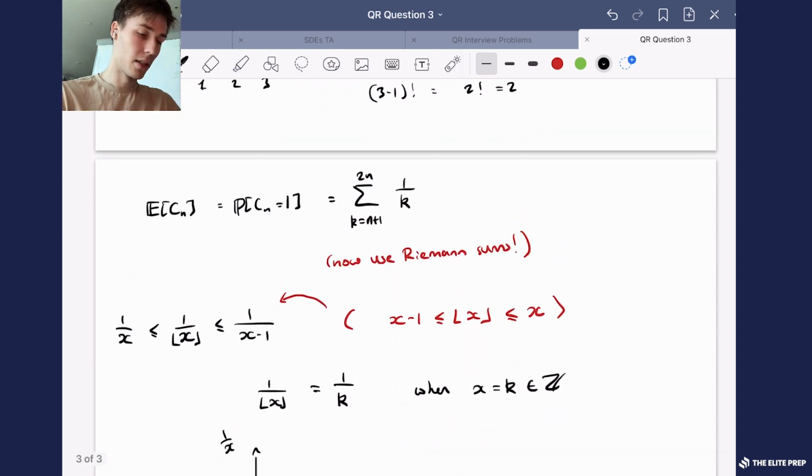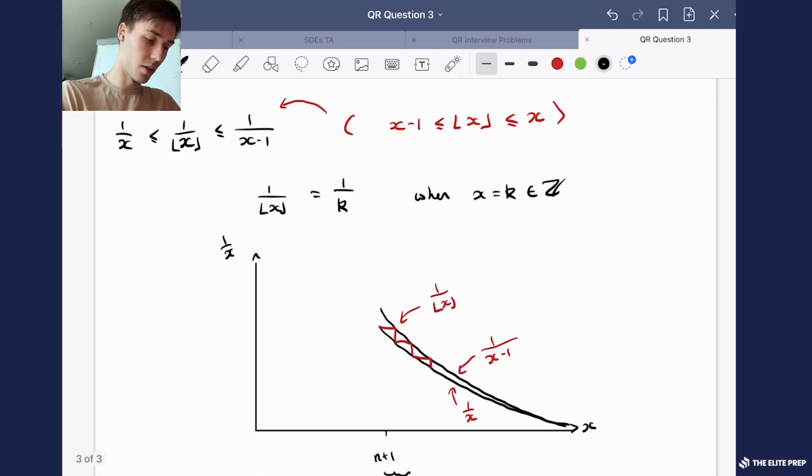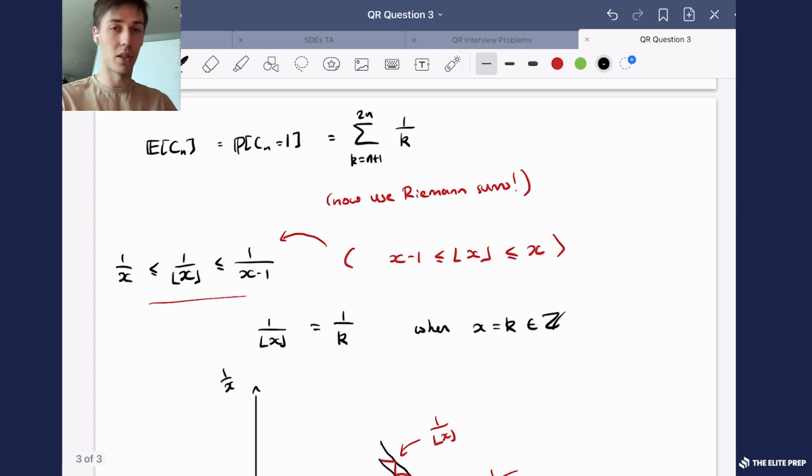Great. So now, because we have this result, we know that the sum of these values is also going to be sandwiched between the integral of 1 over x minus 1, and also the integral of 1 over x.